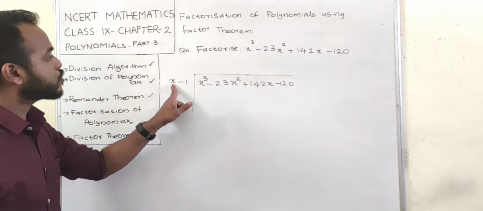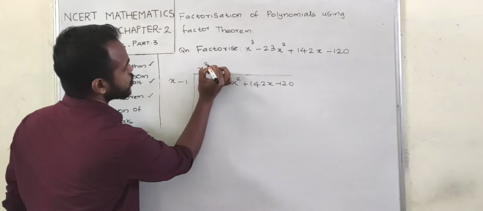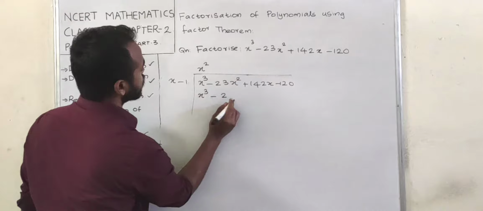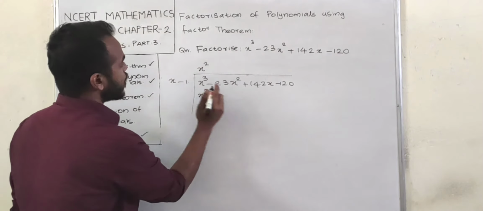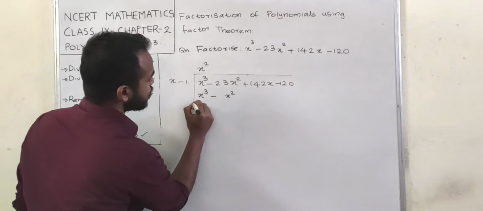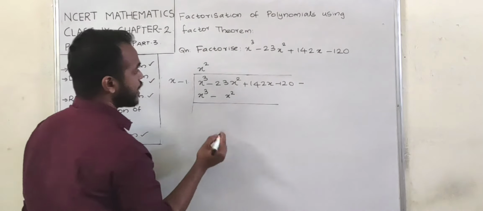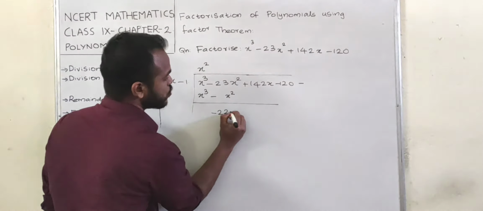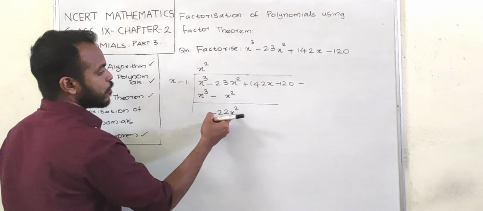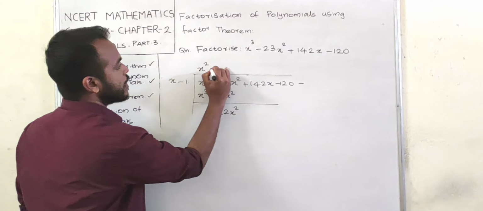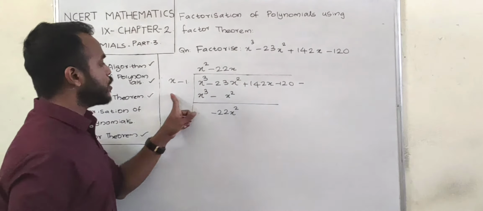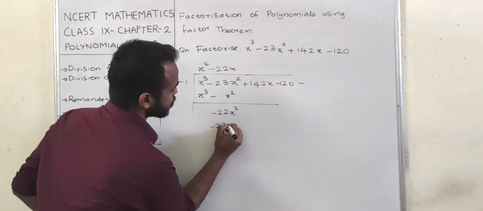Now divide it. x cube by x is x square. x square into x is x cube. x square into minus 1 is minus x square. You can subtract: minus 23 minus x square is minus 22x square. Now minus 22x square by x is minus 22x. Minus 22x into x is minus 22x square.